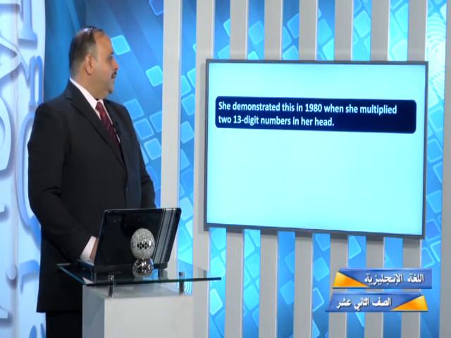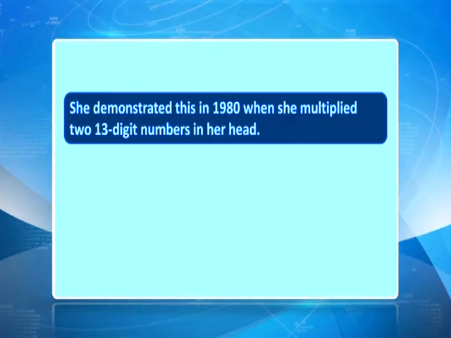She demonstrated this in 1980 when she multiplied two 13-digit numbers in her head. Okay, now automatically you should identify which one is the relative pronoun. The relative pronoun is when. And then do we have a subject? Yes, the subject is she.